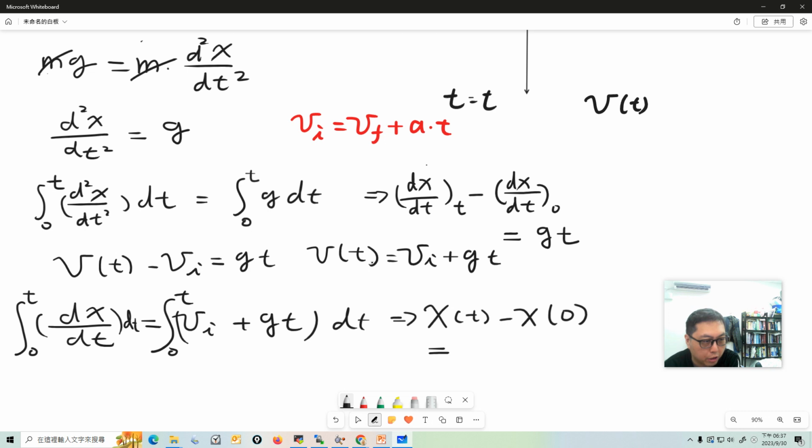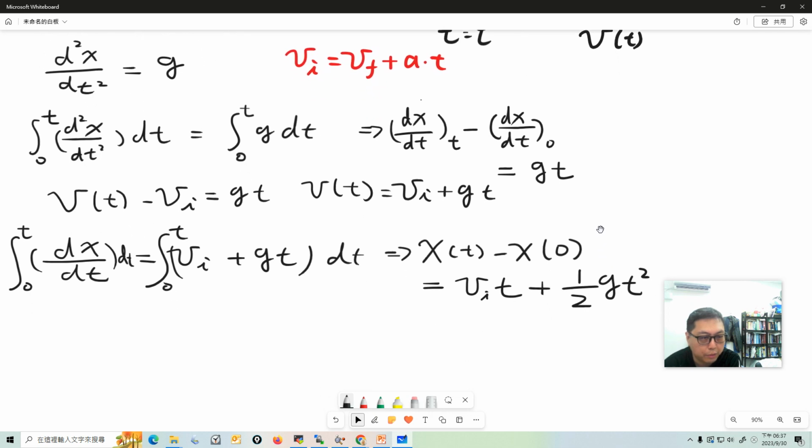Right now you may not understand, but it's really easy after you learn calculus. So we get another equation of motion: x of t, where the position at time 0 is xi, equals xi plus vi t plus 1/2 g t squared.